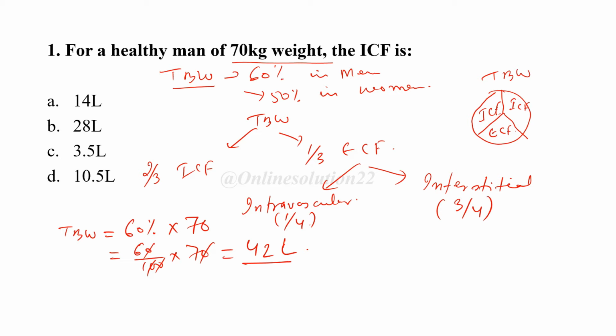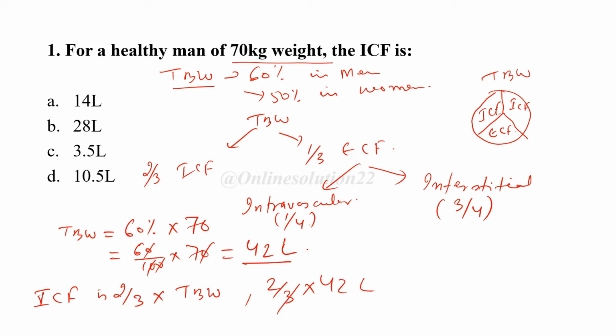Now we have to find the intracellular fluids. So the intracellular fluids is 2/3 of total body water. So 2 divided by 3 multiplied by 42, total body water is 42 liter.